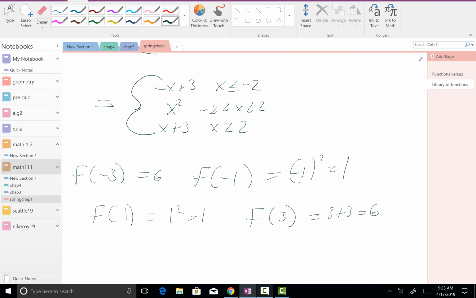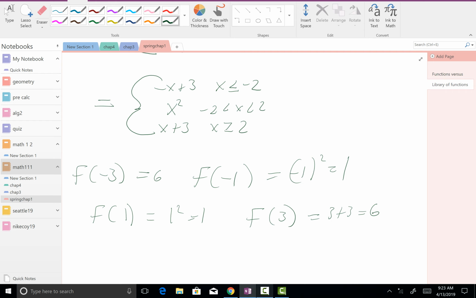See how it's making it? Then I'm going to go comma, put in the condition first, x greater than or equal to 2, colon, and then put in the function, which was x plus 3.